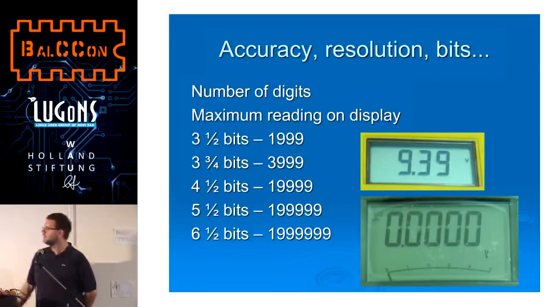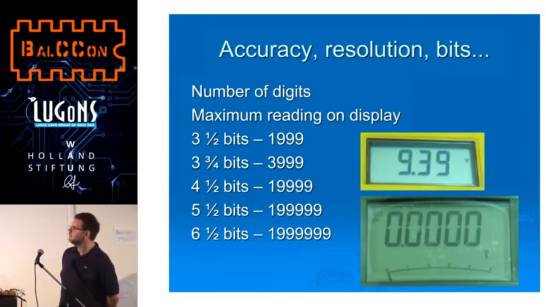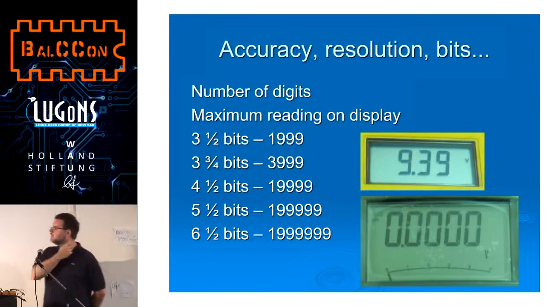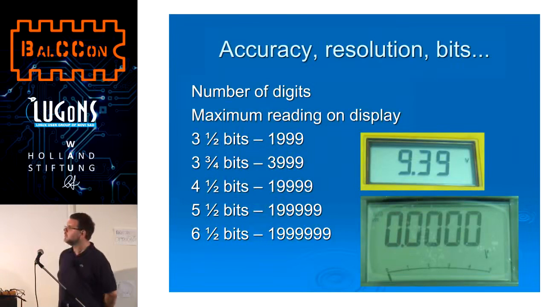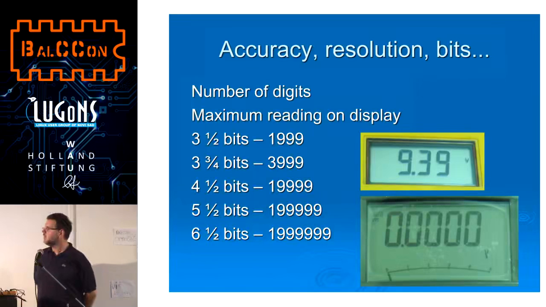So what are we changing here? We are changing accuracy and resolution. But I'll say something more about that. If we look at specifications of modern multimeters, first you'll see how many digits it has.